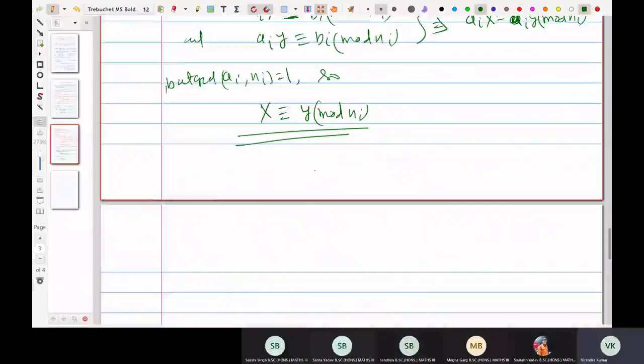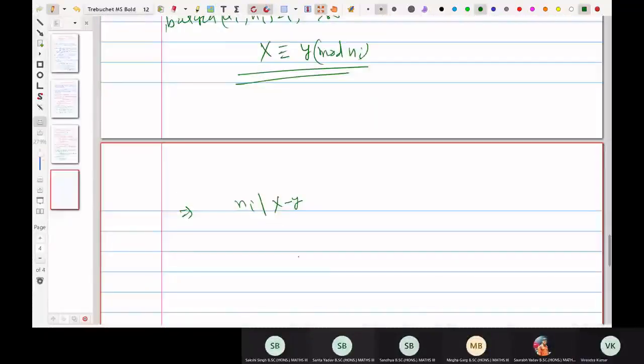Okay. So X is congruent to Y modulo Ni, and this implies that Ni divides capital X minus Y, and this is true for all i.